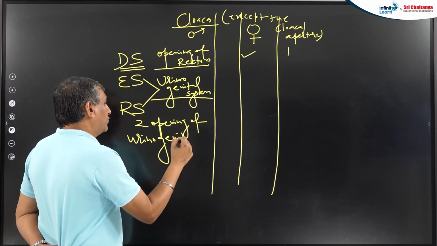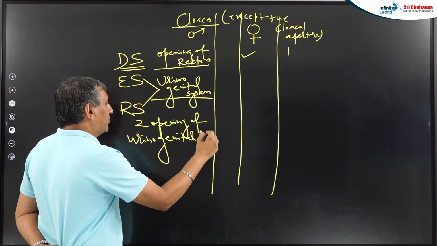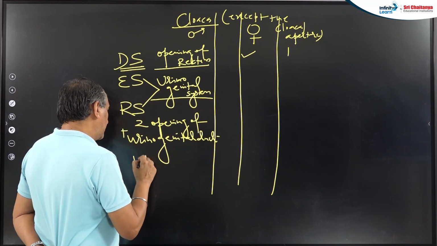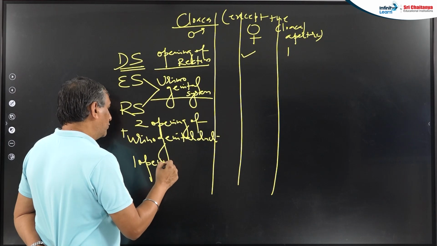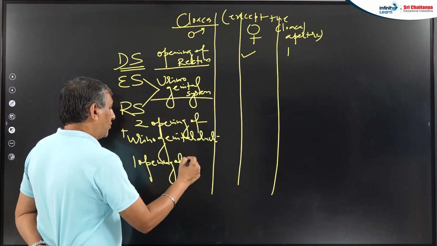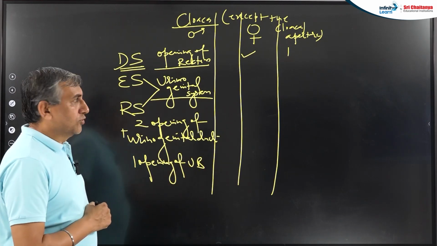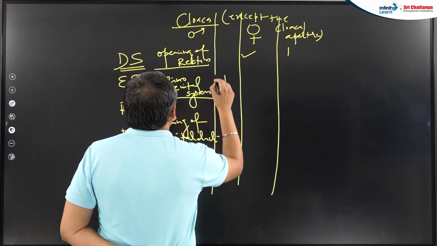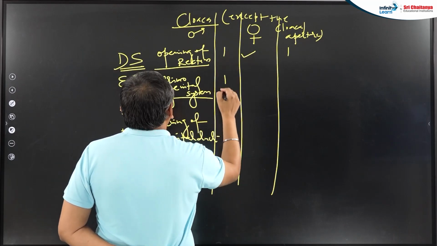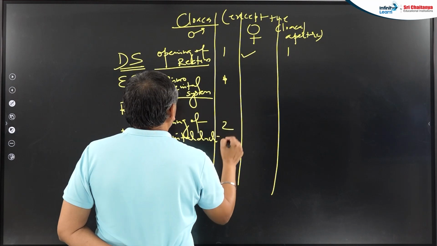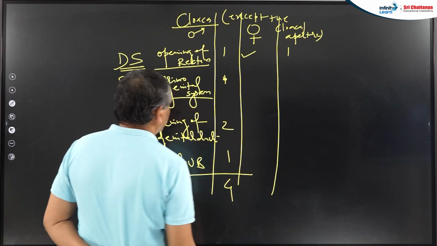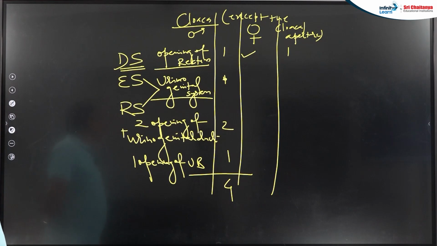This is the one point, and one opening of urinary bladder. So total, urinogenital system 2 plus 1, 3, plus the one I said here, so total openings present is 4. Are you getting how 4?